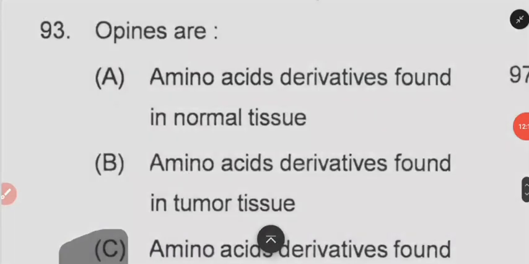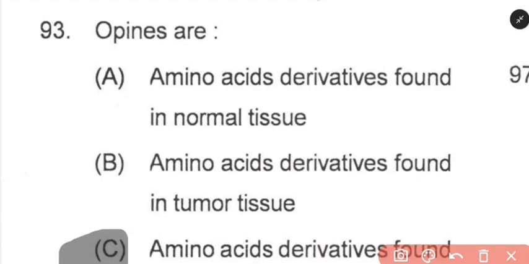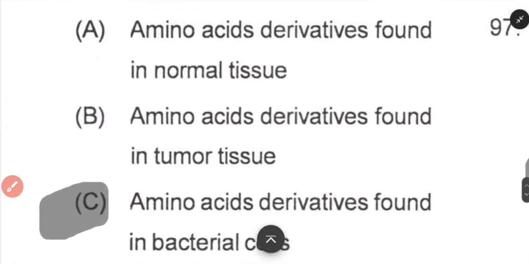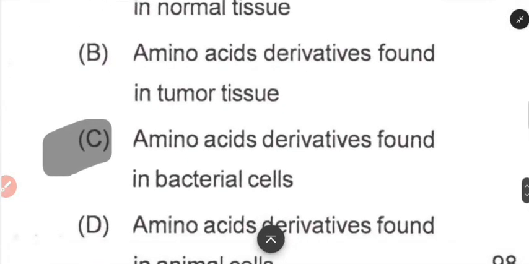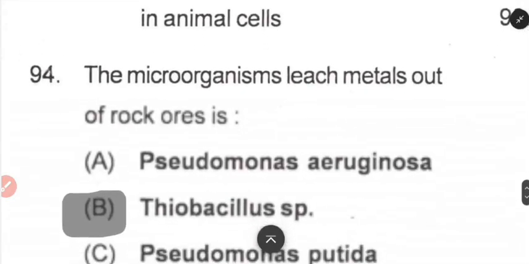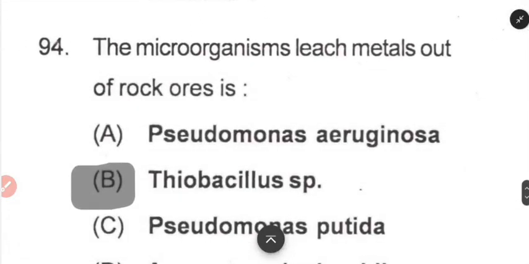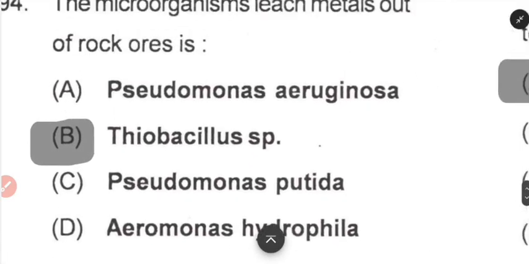Next question: opines are amino acid derivatives found in bacterial cells. Next, the microorganism that leaches metals out of rock ores is Thiobacillus species. So for leaching of metals, we utilize Thiobacillus species.